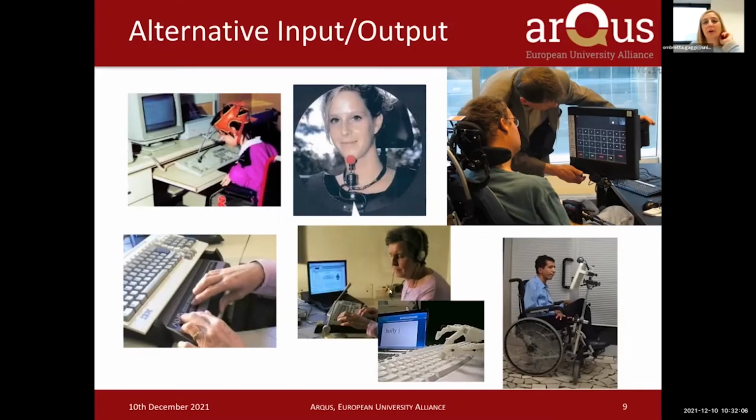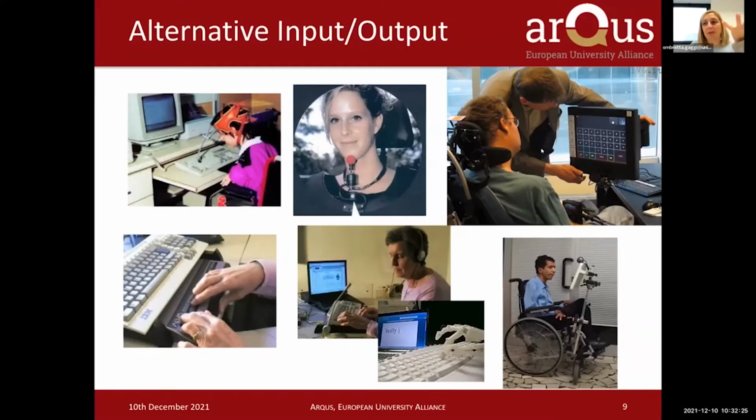Then we can use vocal commands, and this is an eye tracker. There is a camera that is able to understand where the user is looking and select the letter using this particular device. Okay.